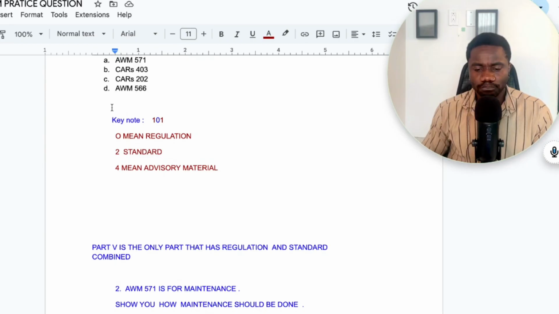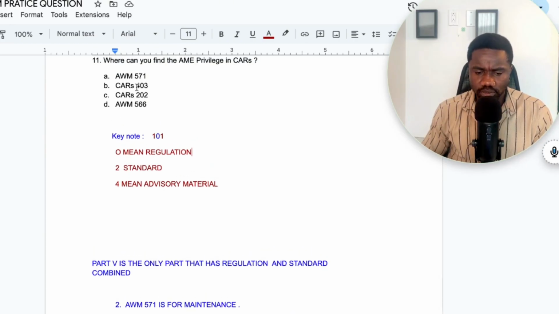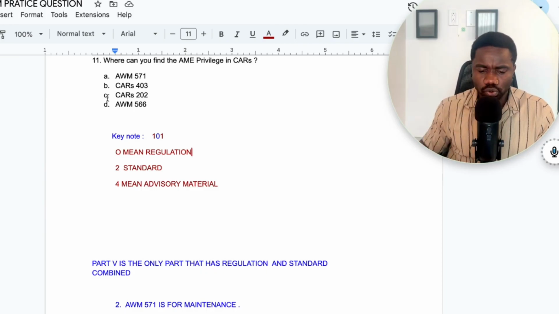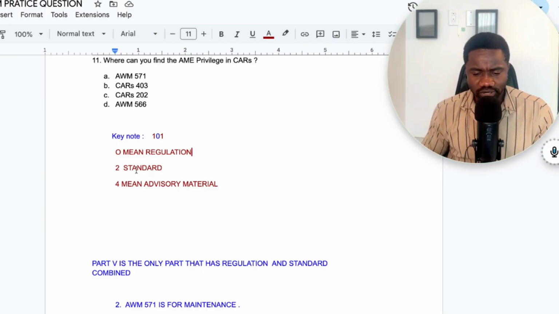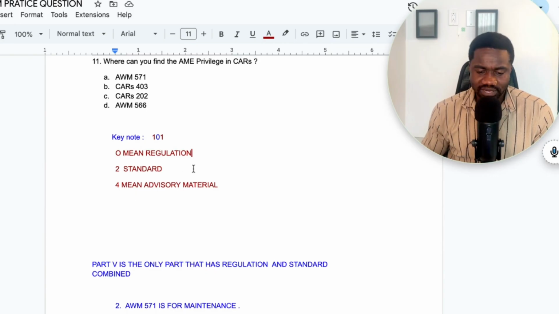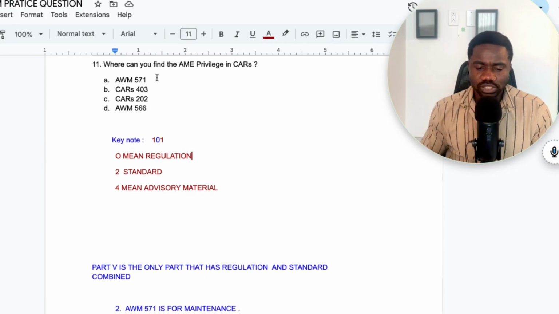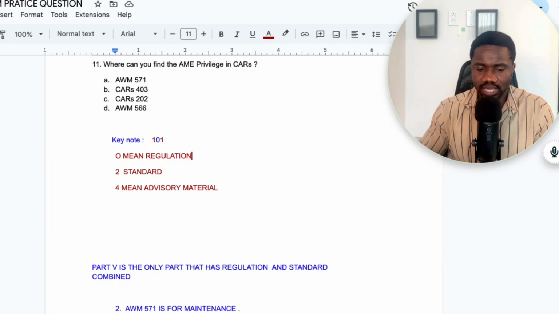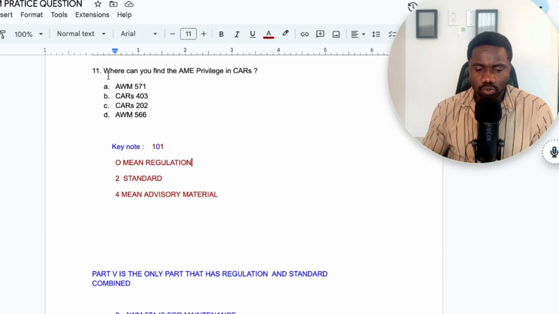So now let's start with option A, which is AWM 571. From what I just told you, 0 is regulation, 2 is standard, and 4 is advisory material. Just looking at this question, you can actually evaluate two options. The question is, where can you find the AME privilege?